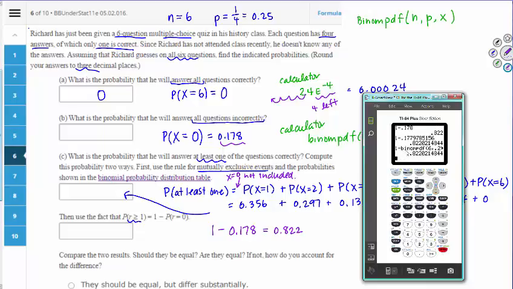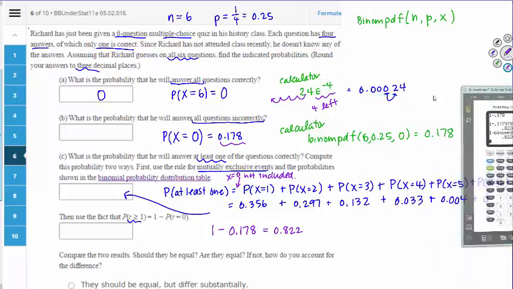And now it's 1 minus that PDF, 0.822. Now in this case it didn't change whether we use the rounded number to subtract or not. But be wary that if you use a rounded number and you get it wrong, try again with the non-rounded. Of course this is more accurate and that's preferred, but I understand that it can become cumbersome.